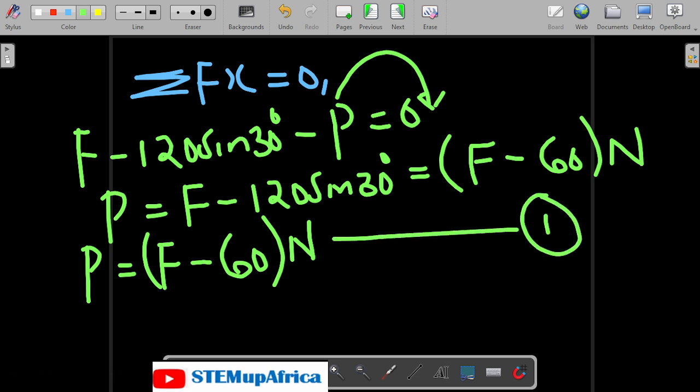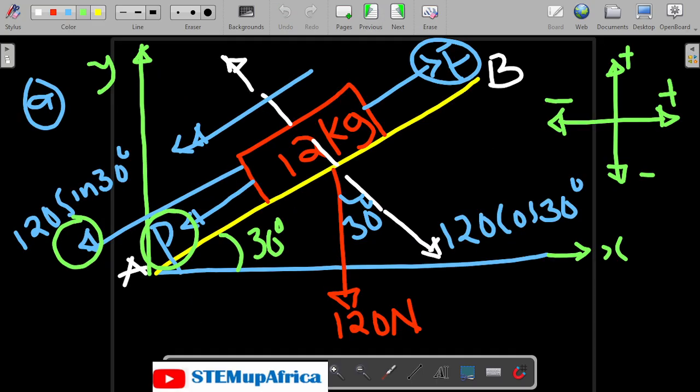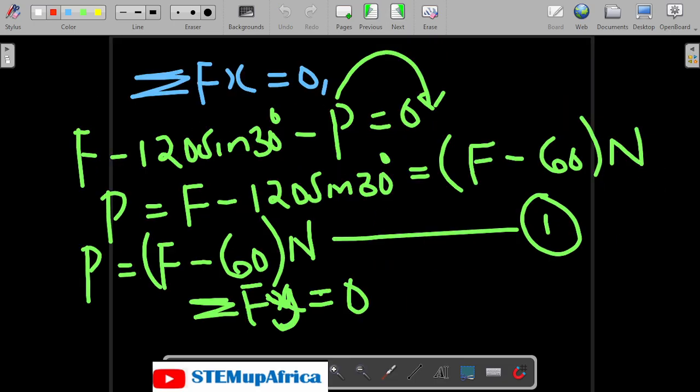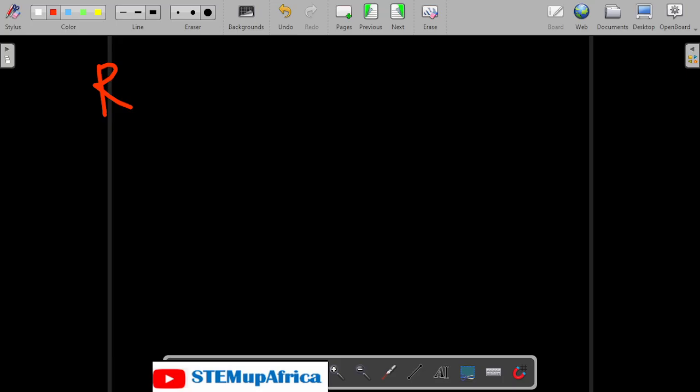We have the second condition that says summation F of y this time is equal to 0. Let's check who are those acting vertically. Here will be our normal reaction arrow. The normal reaction R is upward, which falls under the positive axis, while the 120 cos 30 is negative. So R minus 120 cos 30 degrees is equal to 0.